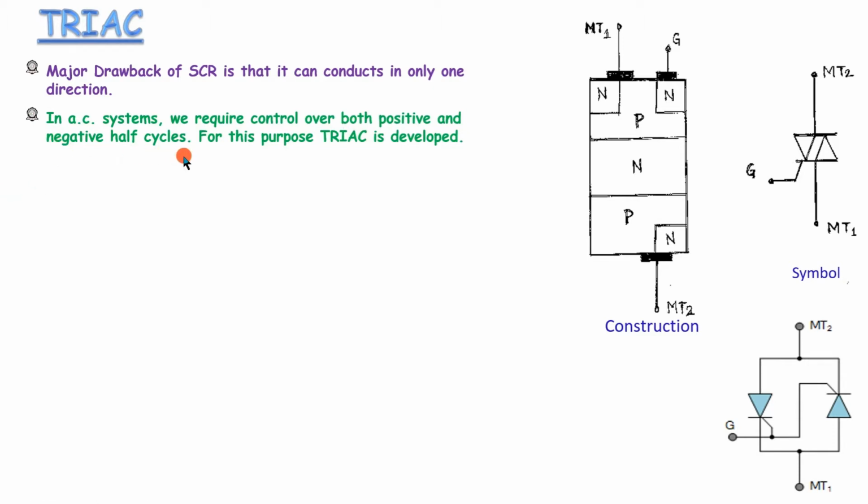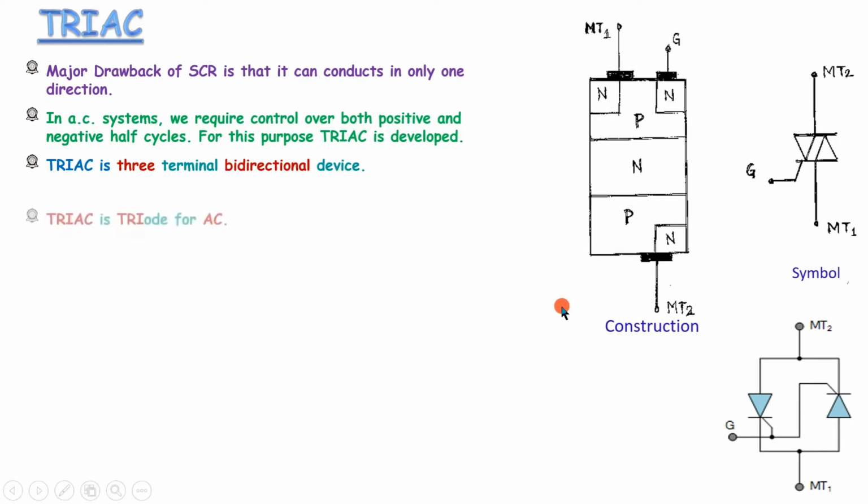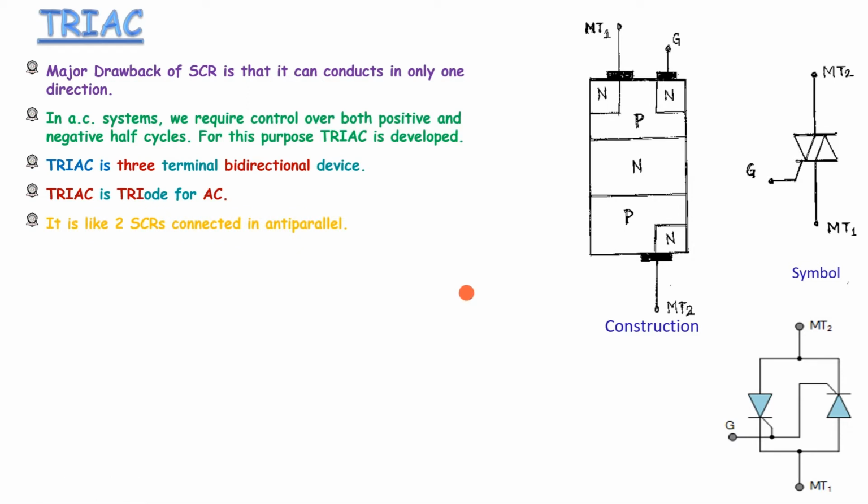For this purpose, the TRIAC was developed. The TRIAC is a three-terminal bidirectional device. TRIAC is triode for AC, so TRI and AC taken together make TRIAC. This is how its name is generated. Again, as discussed, it is like two SCRs connected in antiparallel. It conducts in both directions after triggering.